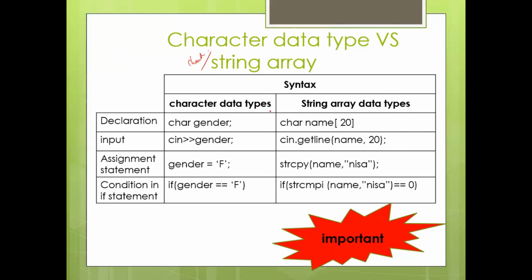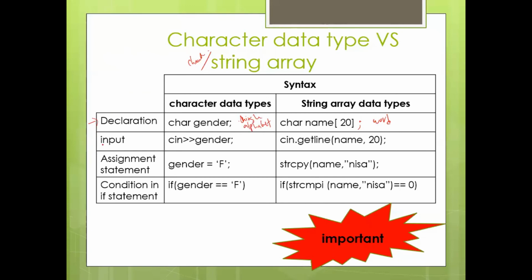Okay, kita ada character data type dengan string array data type, di mana kalau declaration for the character kita just guna char gender. When you see this data type, dia hanya masukkan alphabet, single character sahaja. But if you see char name with the size, okay, ada square bracket. So ini untuk words, ini untuk single alphabet. So you kena tengok betul-betul.